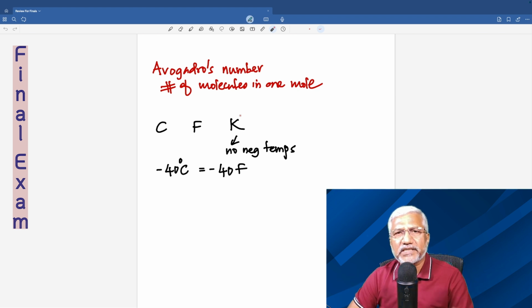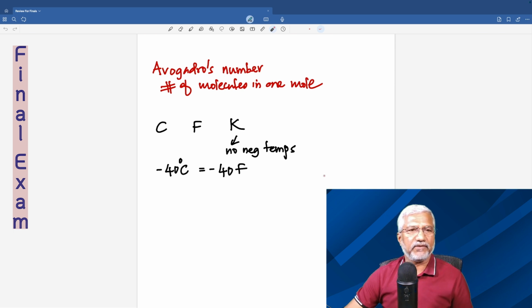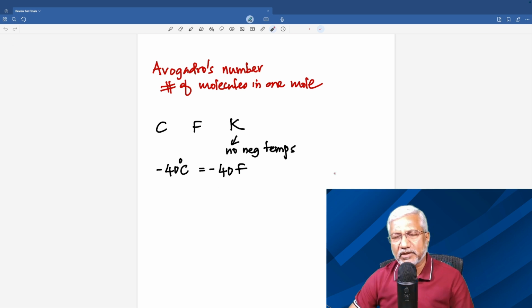Because the lowest temperature in the Kelvin scale is 0 Kelvin. It's called the absolute zero. You can't have negative temperatures on the Kelvin scale. And also good knowing that on the Celsius and the Fahrenheit scales, negative 40 Celsius is the same as negative 40 Fahrenheit. When you put it into the conversion formula, you will get that.